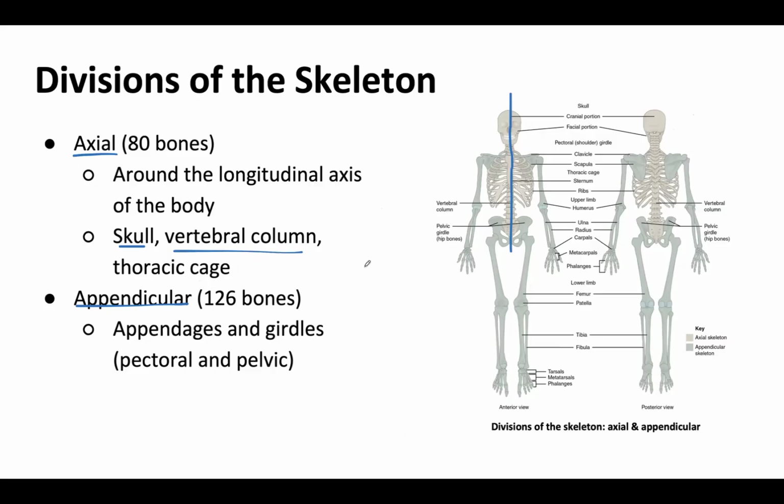The appendicular skeleton includes the bones associated with the appendages. So that would include the bones of the upper limb and those connecting pectoral girdle bones. So that's including the clavicle as well as the scapula, as well as the lower limbs and the connecting pelvic girdle, including the hip bones as well.